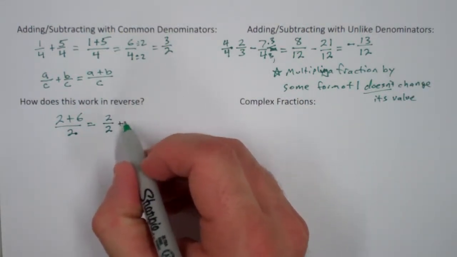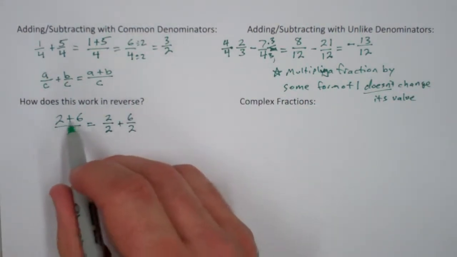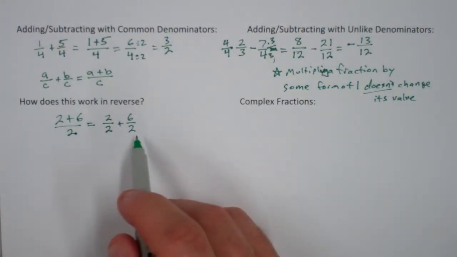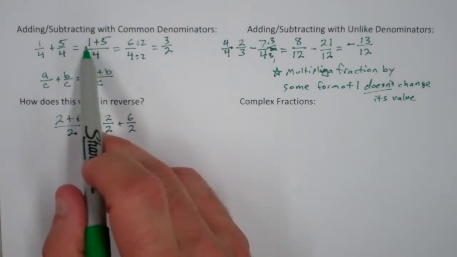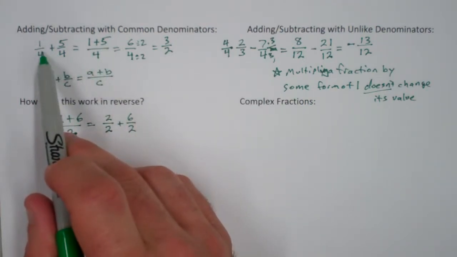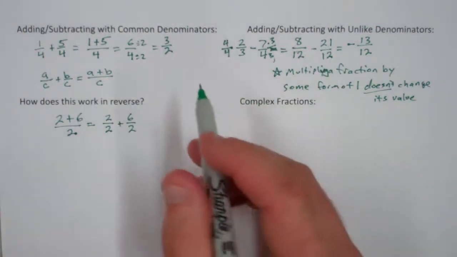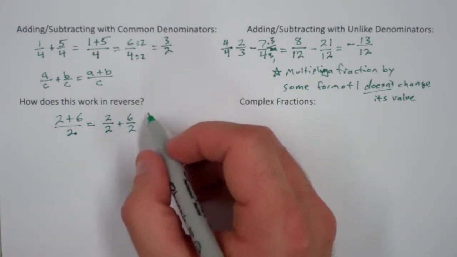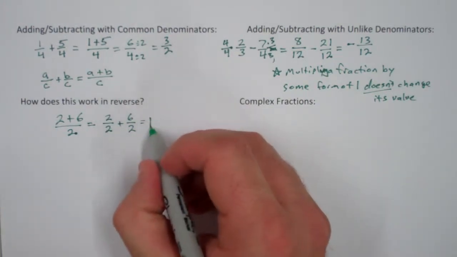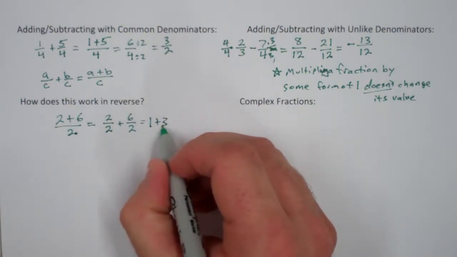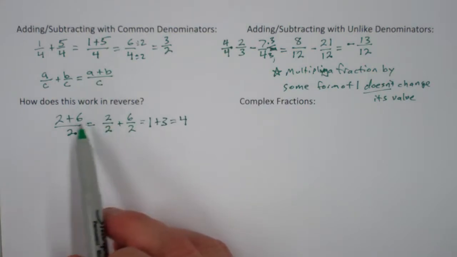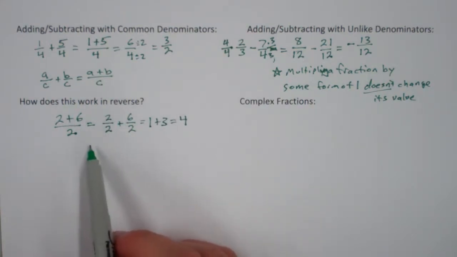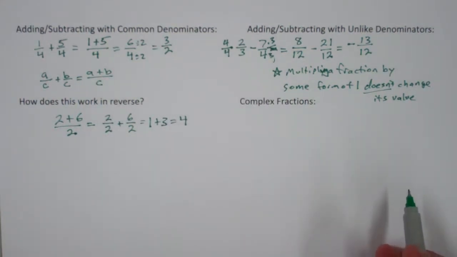So what I need to do is take each numerator and divide it by the denominator. That's this part right here backwards. So if you have 1 plus 5 over 4, it's the same as 1 over 4 plus 5 over 4. So 2 over 2 is 1, and then 6 over 2 is 3, and that's 4. And so we don't change the value as long as we write each numerator over that same denominator.